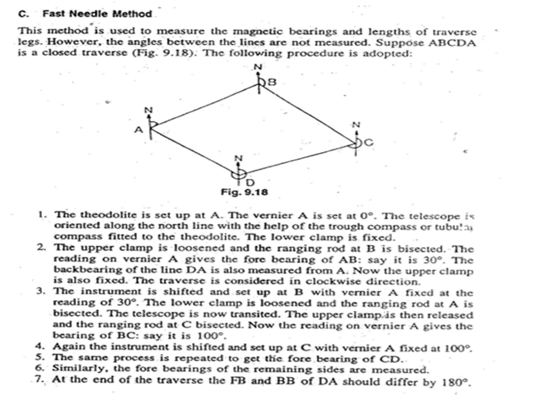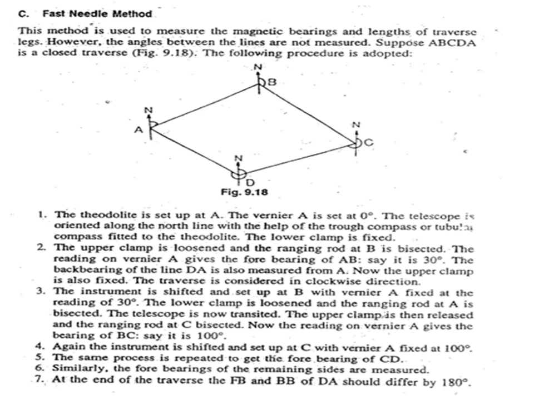Then the instrument is shifted and set up at B with vernier A fixed at 30 degree. Then the lower clamp is loosened and the ranging rod at A is bisected. The telescope is now transited. The upper clamp is then released and the ranging rod at C is bisected. Now the reading on vernier A gives the bearing of BC.